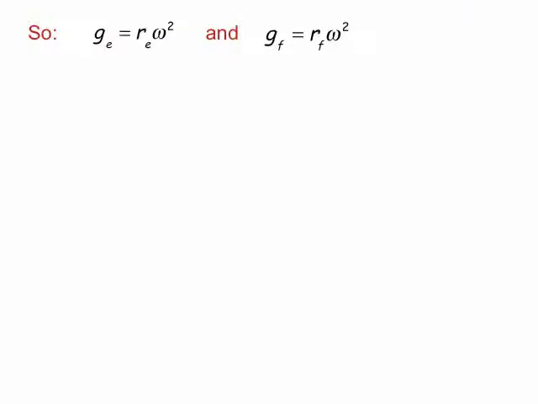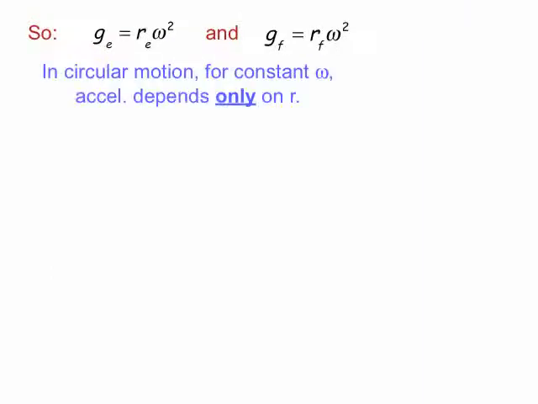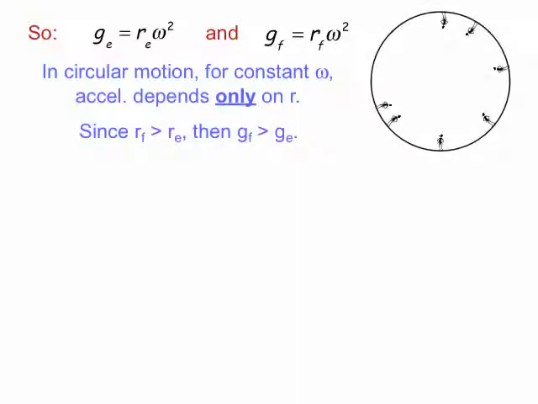So, if this is the case, in circular motion for a constant angular velocity, see, angular velocity is going to be constant for our case. That means that g only depends on r. So centripetal force only depends on r, or acceleration. Okay? So what does that mean?